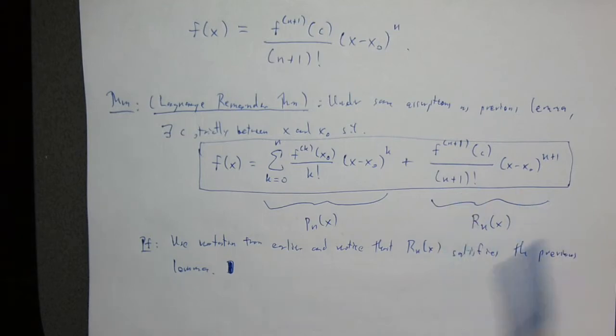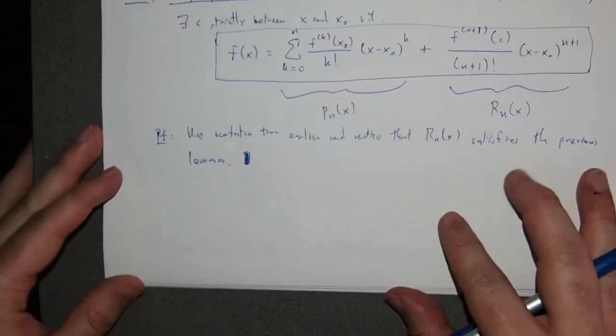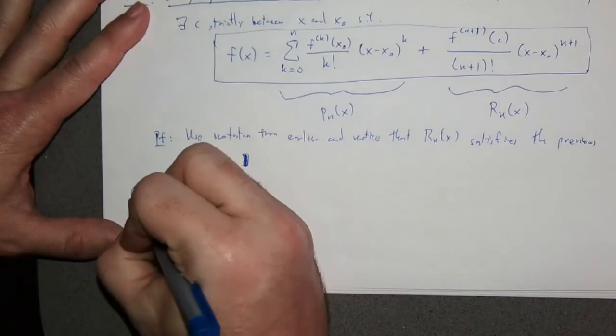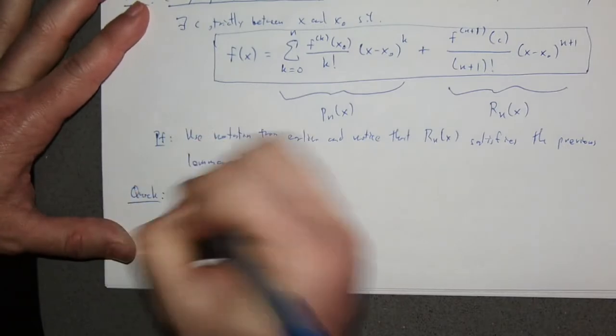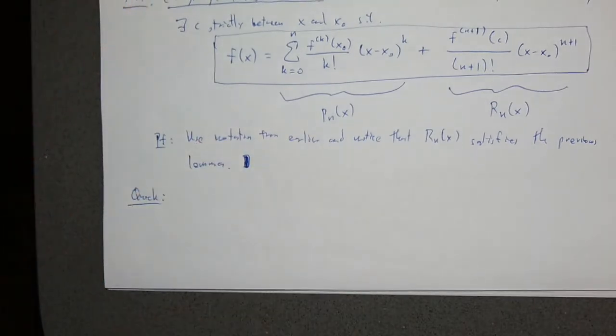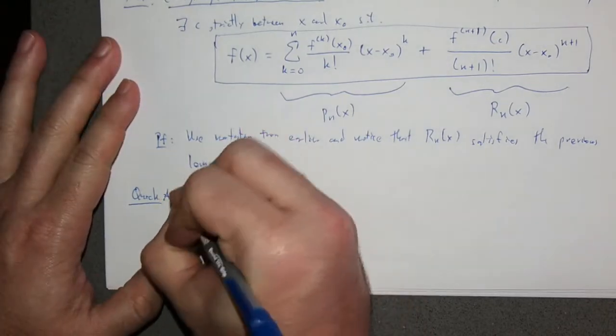And it's that this remainder term goes to 0. So that's one thing. The quickest application of that is just for a polynomial itself. So, a quick application.